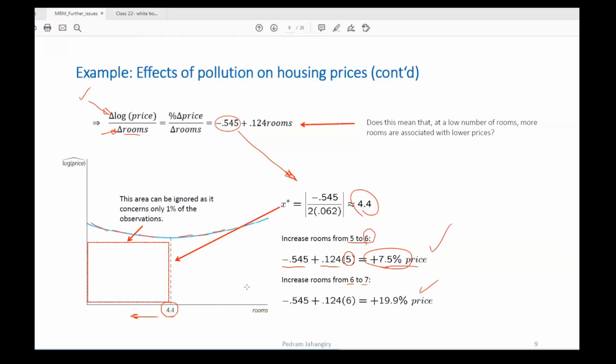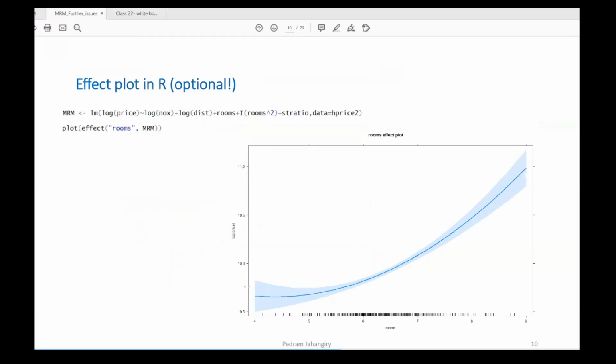Okay, now let's see how many observations I have on the left and how many I have on the right. For that, we're going to use the effect plot. Very good one. Look at that. It seems to me that the minimum is happening around here, 4.4, right? So we know that the minimum is at 4.4.